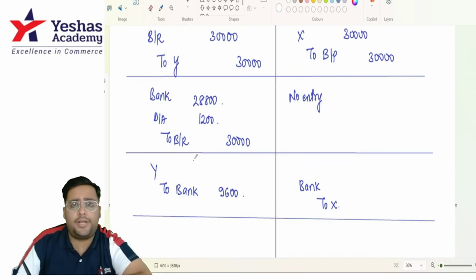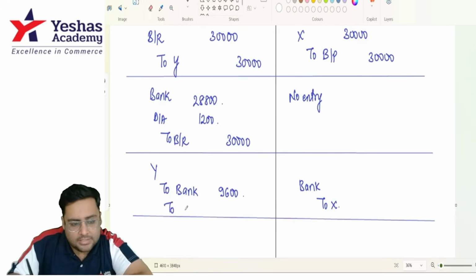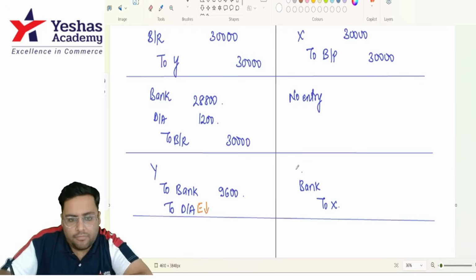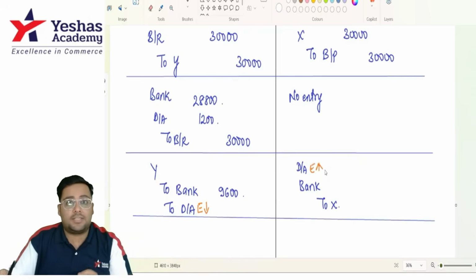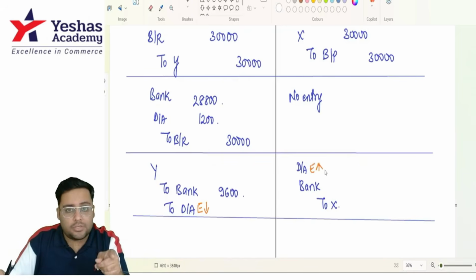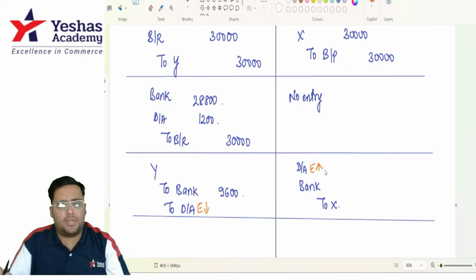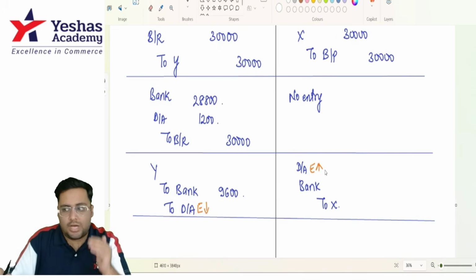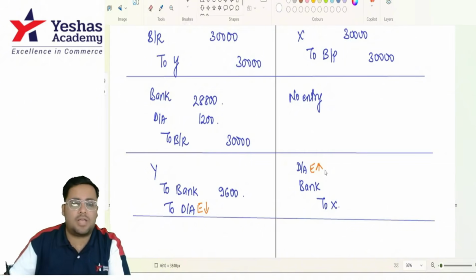I need to transfer it to Y. In the books of X, discount allowed expense going down will be credited. In the books of Y, discount allowed expense going up will be debited. Whatever total discount 1,200 I had recorded in the books of X, now I'm transferring it to Y. In the books of X, expense goes down. In the books of Y, expense goes up.